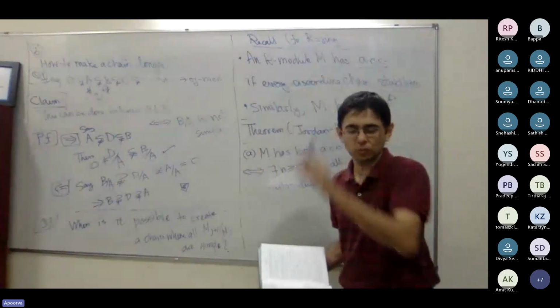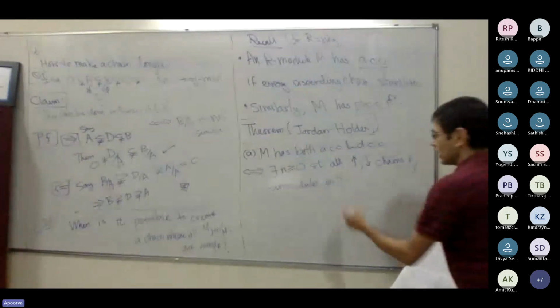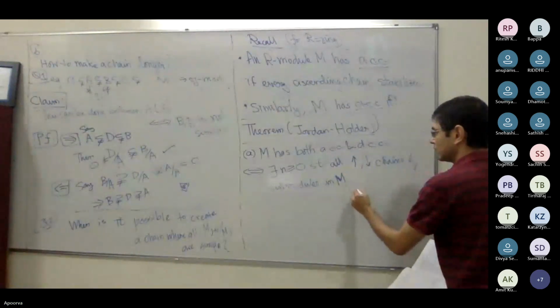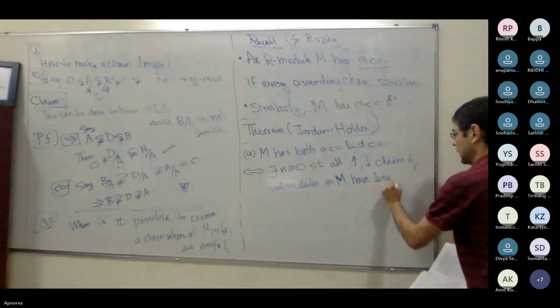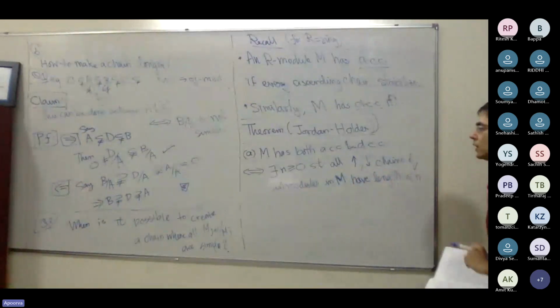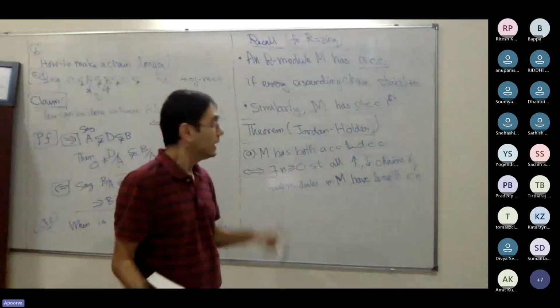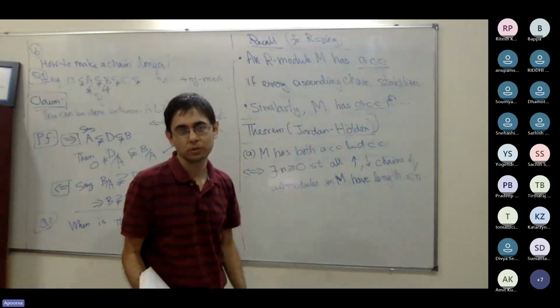You create whatever chain you want, start somewhere, go up, go down, whatever you want. Chains of submodules in M have length at most n. So M satisfies both the upward and downward stabilization properties if and only if there is a uniform global bound on all possible chains of submodules.